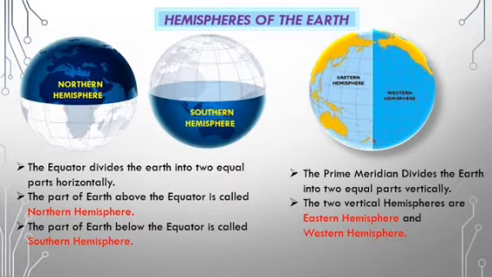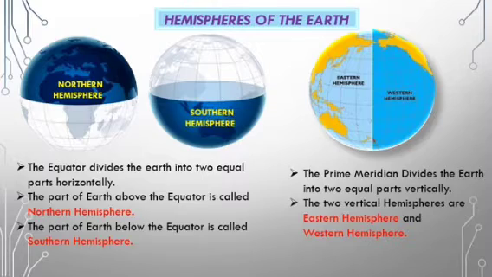Hemispheres of the earth. The equator divides the earth into two equal parts horizontally, and the prime meridian divides the earth into two equal parts vertically. The part of the earth above the equator is called northern hemisphere, and the part of the earth below the equator is called southern hemisphere.